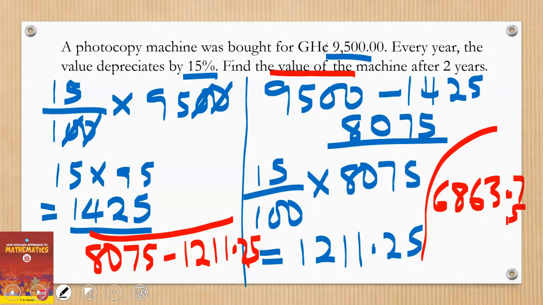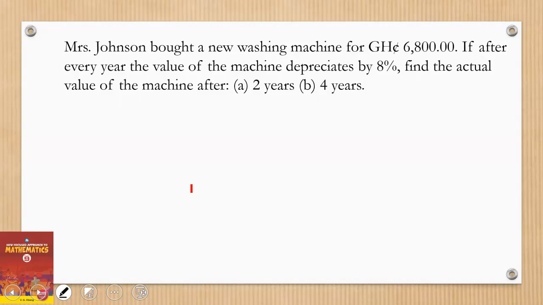Let's take another example and see. Miss Johnson bought a new washing machine for 6,800 cedis. If after every year the value of the machine depreciates by 8%, find the actual value of the machine after 2 years.